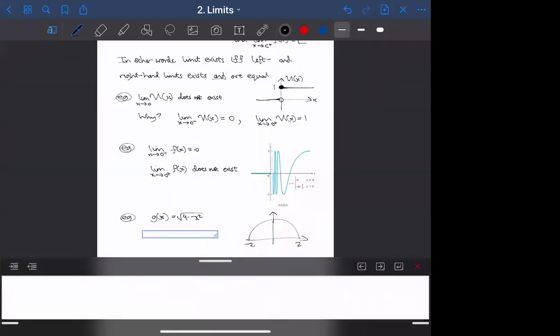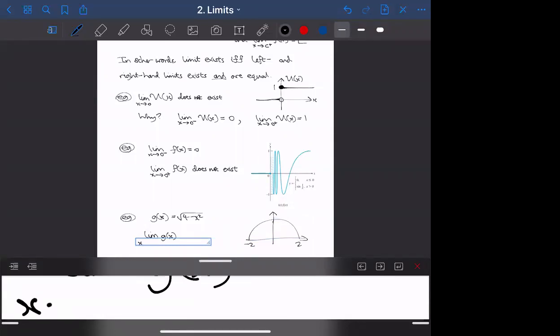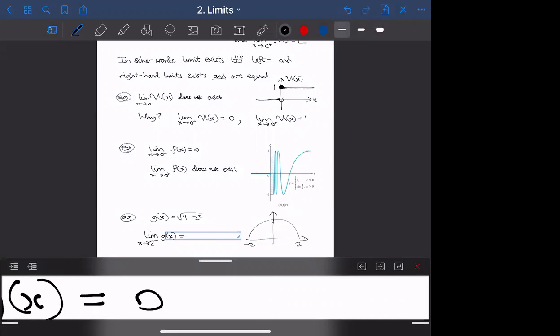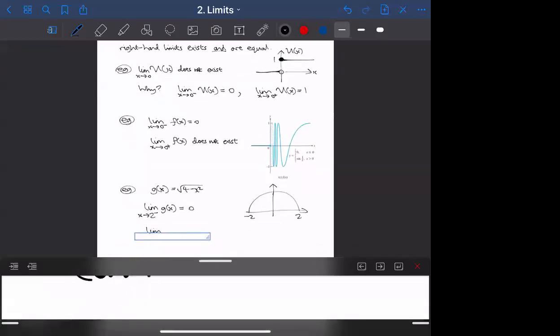In this case, the limit of g(x) as x goes to 2 from the left is 0. And the limit as x goes to minus 2 from the right of g(x) is also 0.